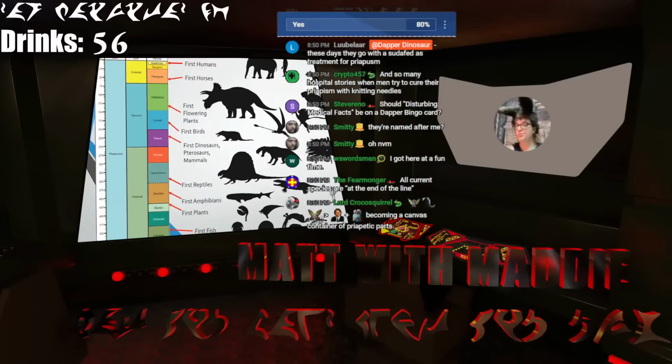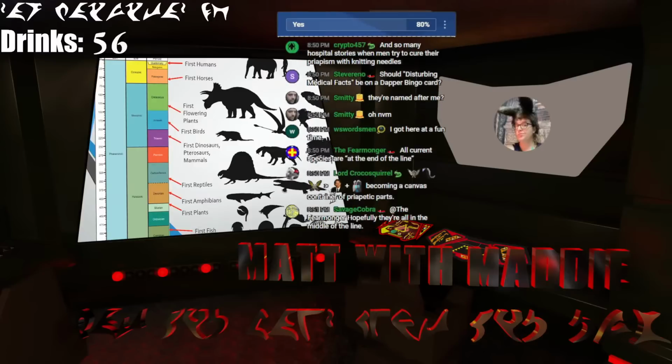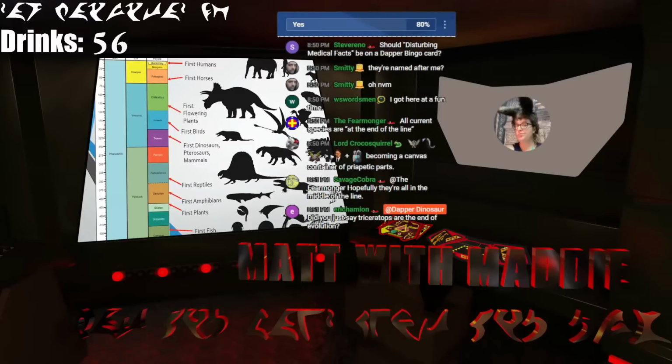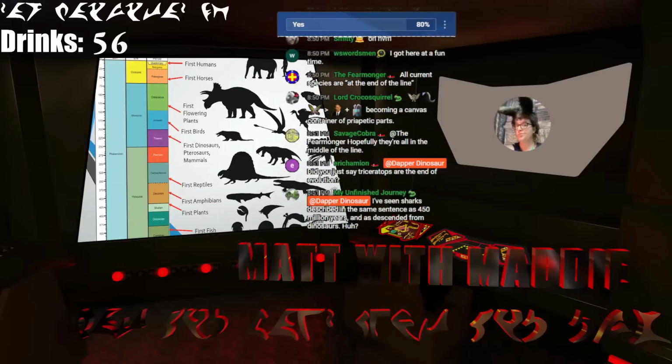Look, it depends on what you mean by fish, but I think it's reasonable. First plants, end of the Silurian. That's probably fine. First amphibians, Devonian. Okay, look, it depends on whether you mean Lissamphibia or stem amniotes, but if you mean stem amniotes, then yeah, that's probably fine too.